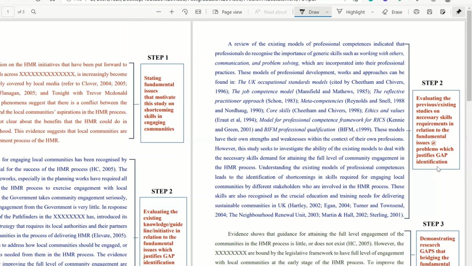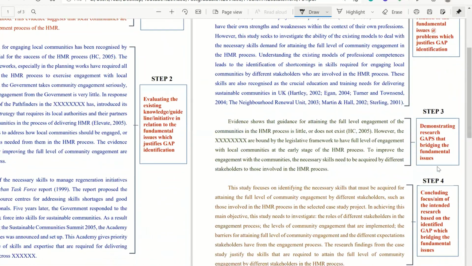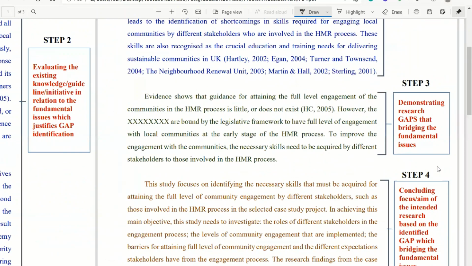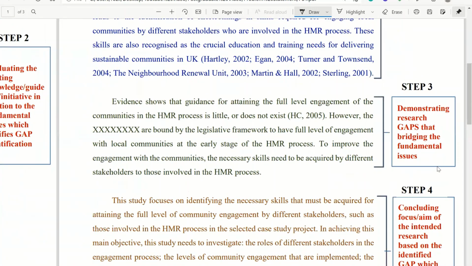Okay, so we go to the fifth paragraph. The fifth paragraph is the third step that I am searching for. I am searching for the gaps of this study. What are the gaps, the issues that are still available for this study, and why does this researcher wish or intend to do this research?